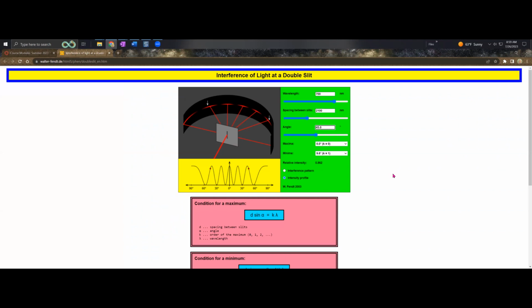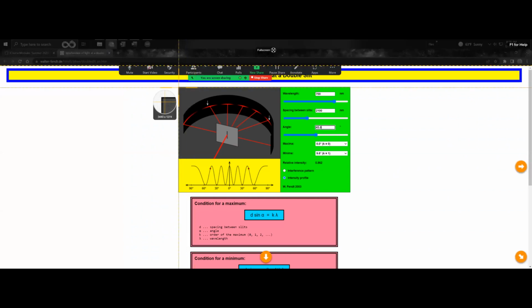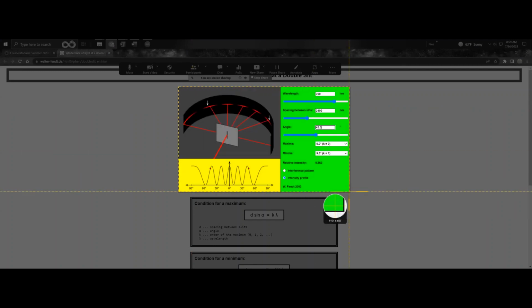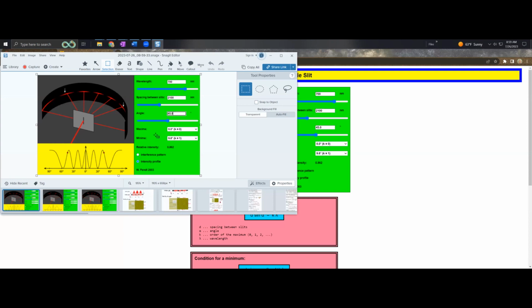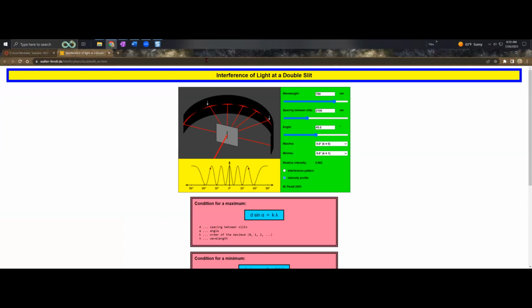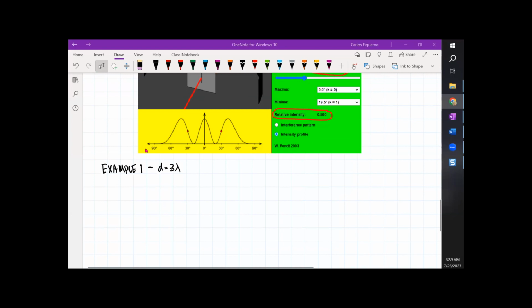So let's copy this and let's go calculate this thing. So here we're moving backwards. So in this example, we just did this.